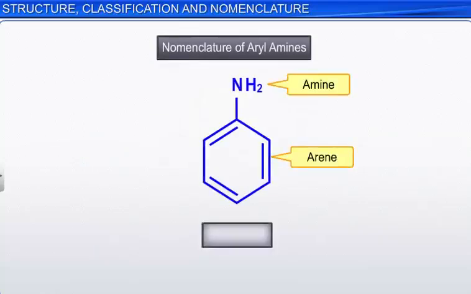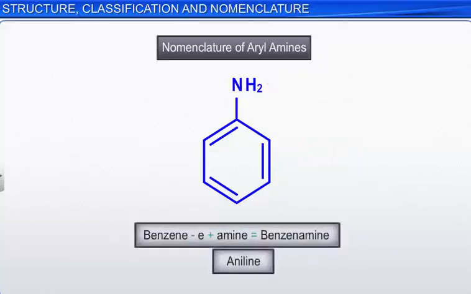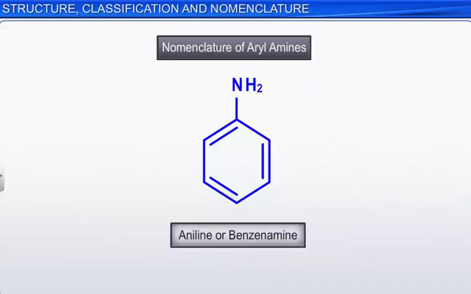While naming aryl amines according to the IUPAC system, the suffix E of the arene is replaced by amine. Thus, in the IUPAC system, aniline is named benzenamine. Note that aniline has also been accepted as the IUPAC name.